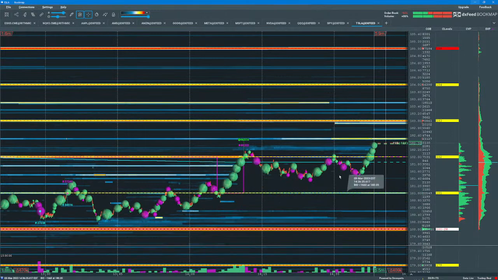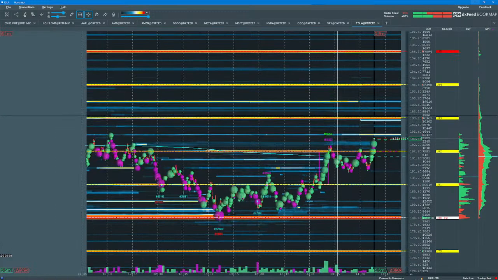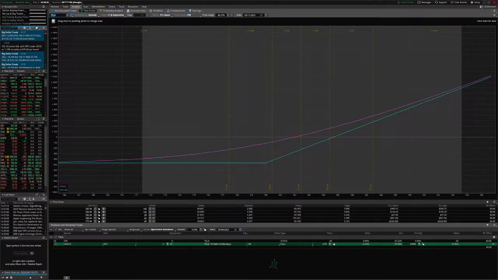Let's go back and go to Thinkorswim and take a look and see how our long Tesla call is doing. It looks like we have recovered a little bit.